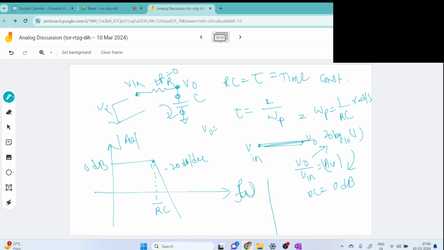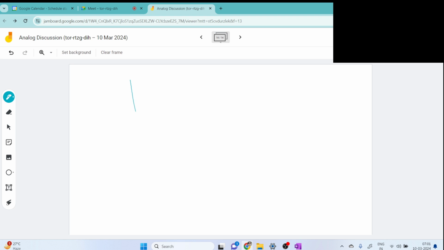Similarly, if we draw the Bode phase plot, what will be the case? Let me do it on page 14. If this is degrees and this is omega, we know that at the pole frequency the transfer function gives a minus 45 degree phase shift.